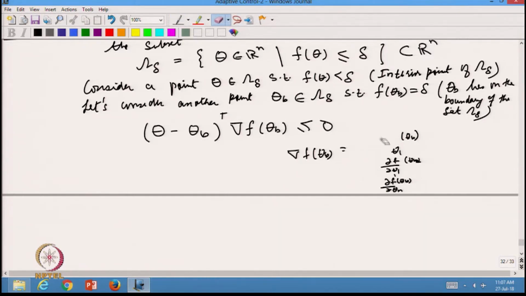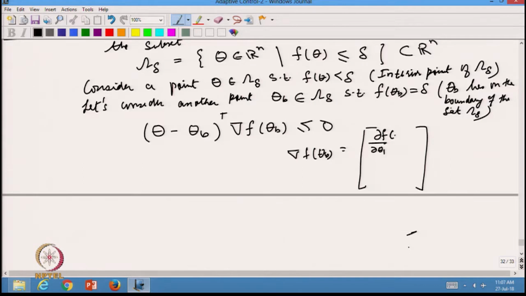Let me just write this again, assuming that the vector theta goes from theta 1 to theta n. Okay.